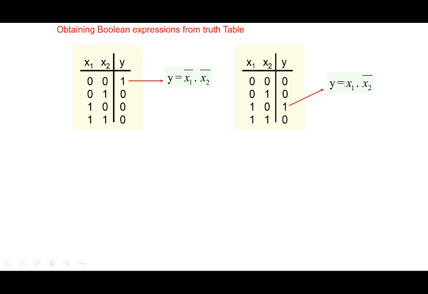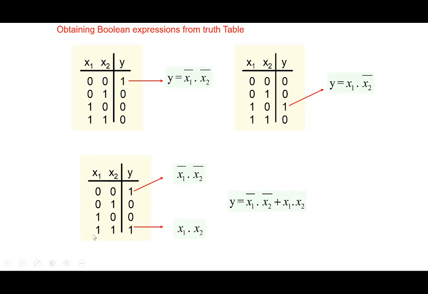All right, so what happens if y is 1 not only when x1 and x2 are 0, 0, but also, note the word being used is also when x1 and x2 are 1, 1. So when it is 0, 0, well, it's represented by x1 bar dot x2 bar, right? When it is 1, 1, it's represented by x1 dot x2 here.